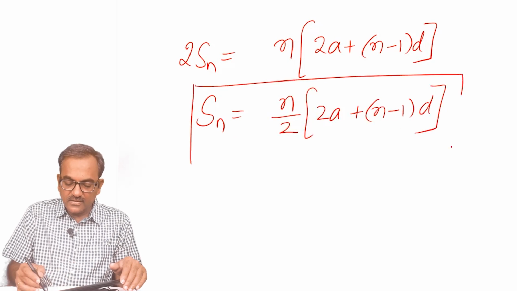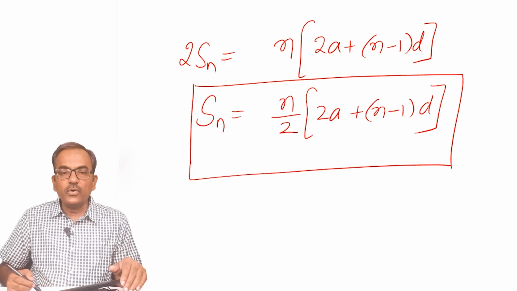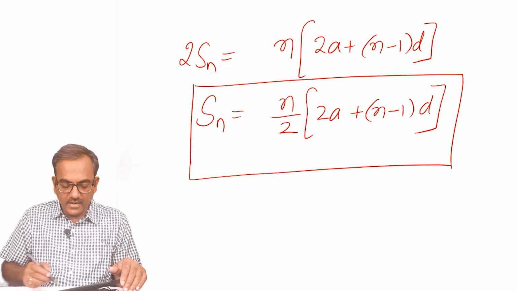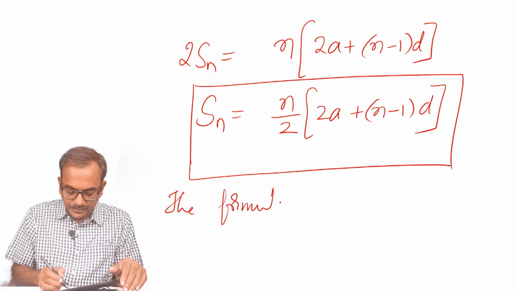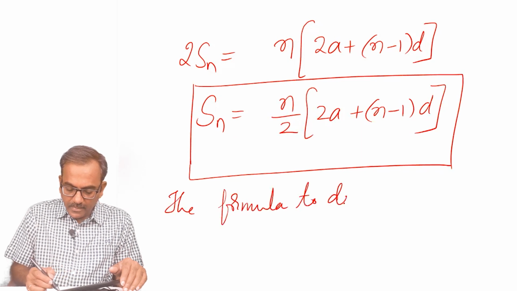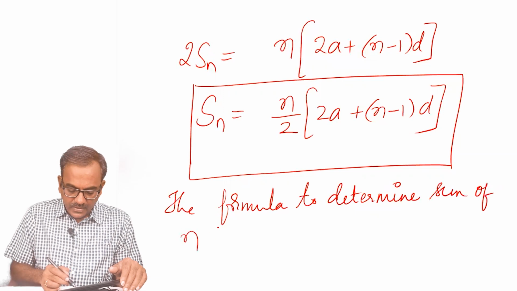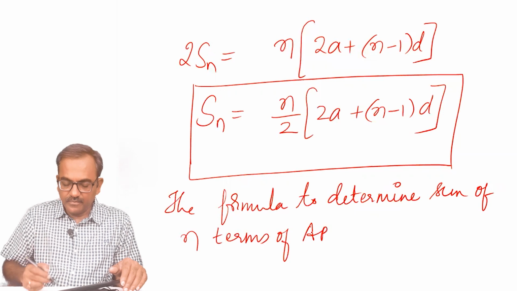So this is the formula. This is the formula to determine the sum of the arithmetic progression up to n terms. The formula to determine the sum of n terms of an AP.